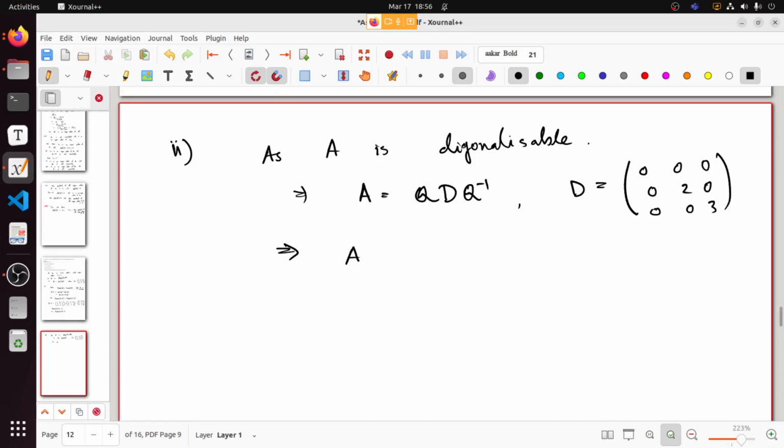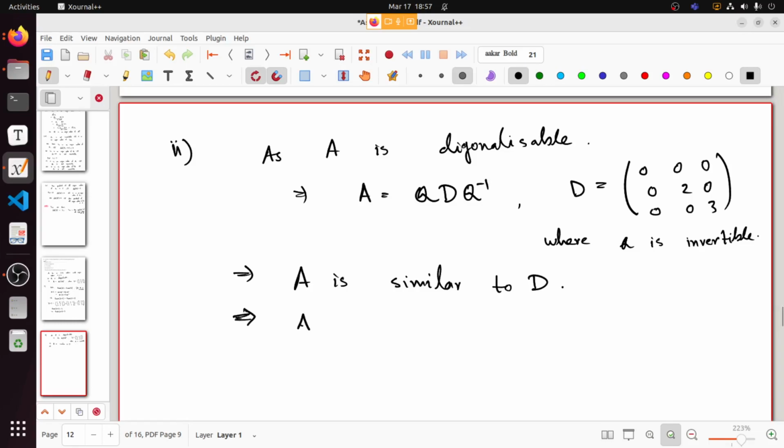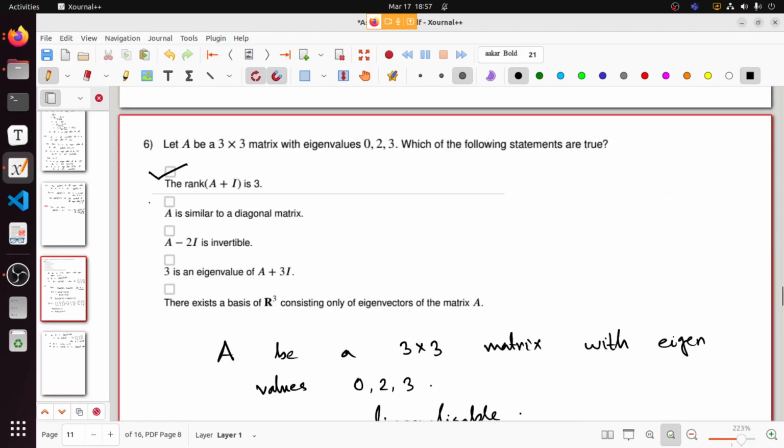If A can be written as Q D Q inverse where Q is invertible, then A is similar to D. And D is a diagonal matrix, so A is similar to a diagonal matrix. Right. So option number 2 is correct. A is similar to a diagonal matrix.